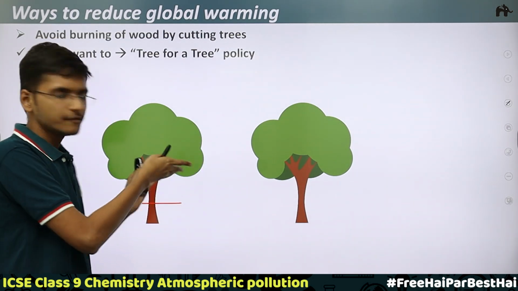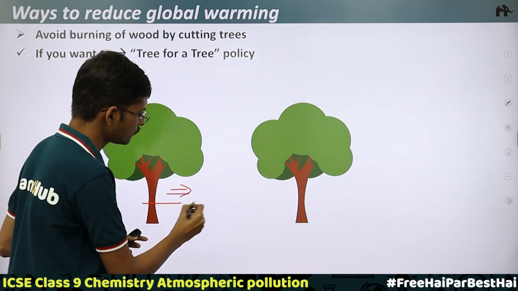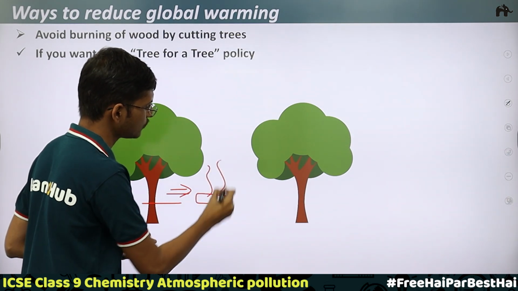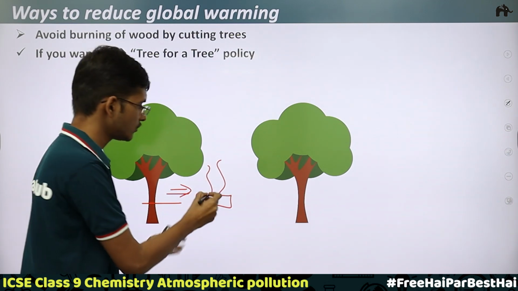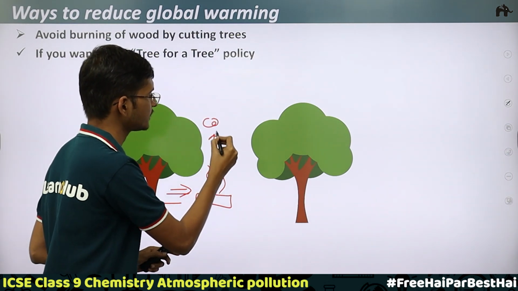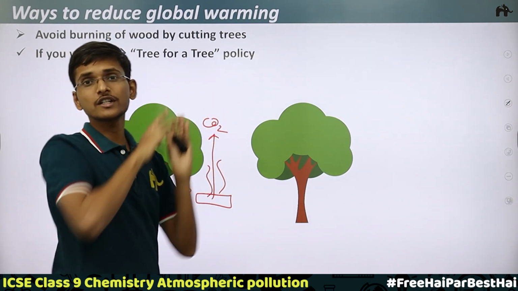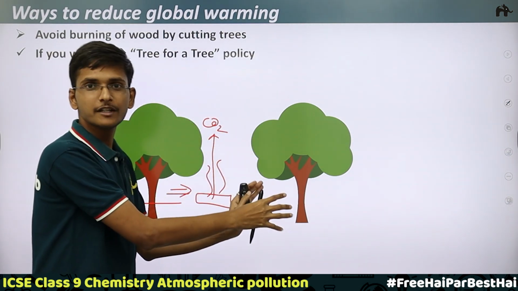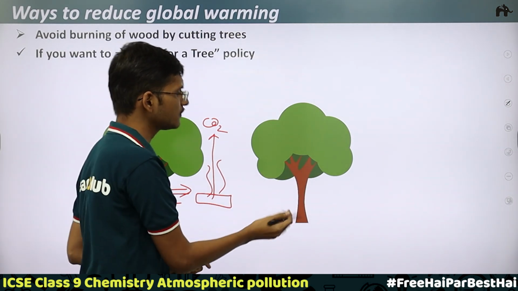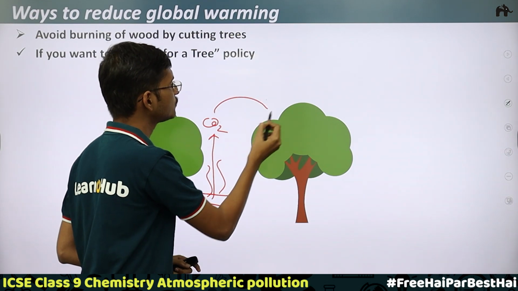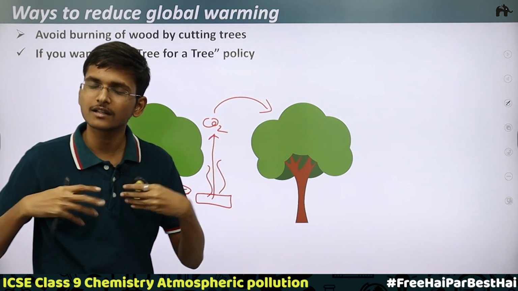Tree for a tree means if we are cutting a tree and using this wood and burning the wood, what is happening? The carbon from this tree, which is in this wood, is released in the form of carbon dioxide, correct? So we have introduced more carbon dioxide in the atmosphere. But at the same time, when we plant a tree and it starts growing, it would use up the carbon dioxide. So we are actually trying to balance our own deeds, our own karma.